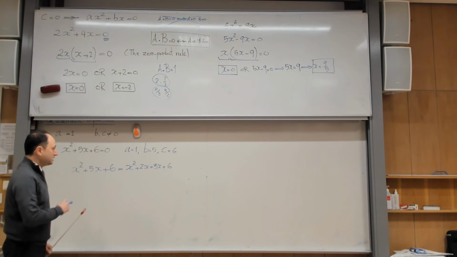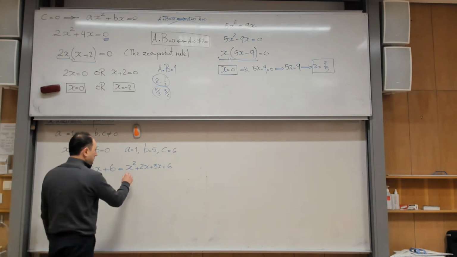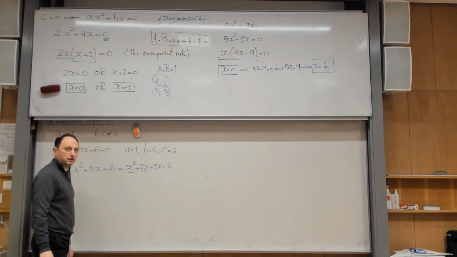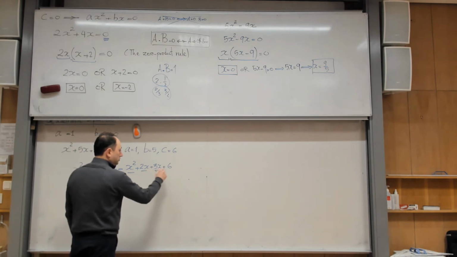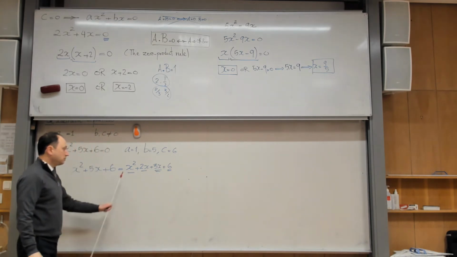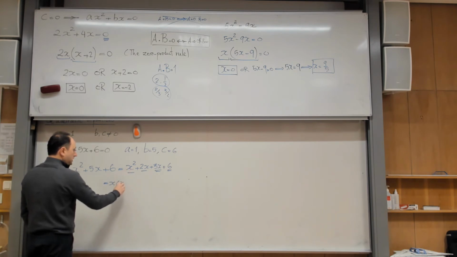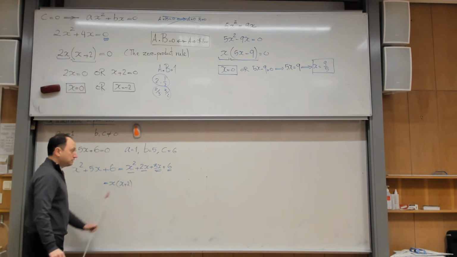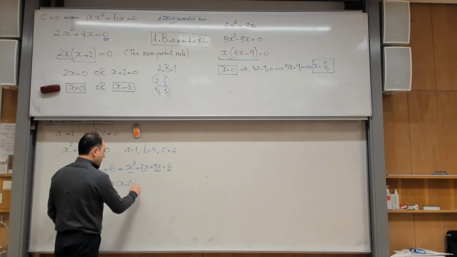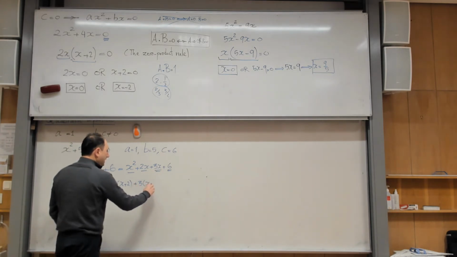The reason is that if you look ahead, then you can use grouping. We talked about grouping before. Between these two, I can factor an x out, and it becomes x plus 2. Between these two, I can factor a 3 out, and this becomes again x plus 2.